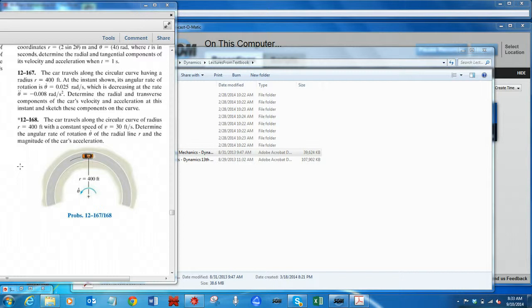Imagine you're sitting in a car, wearing some silk pants, whatever, and you have a door.